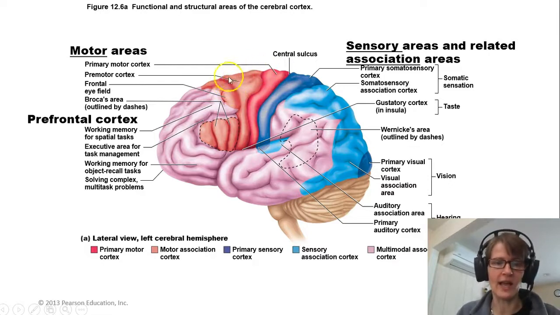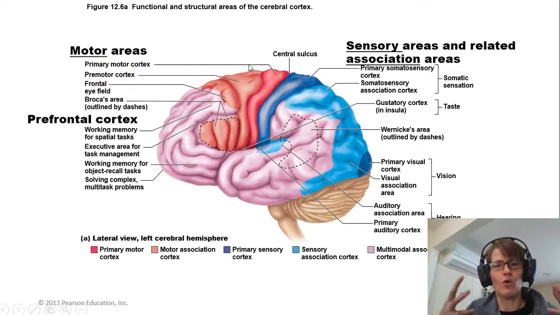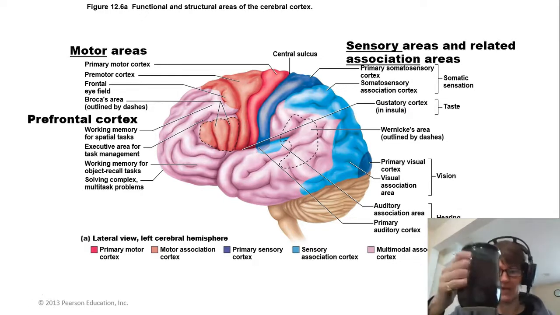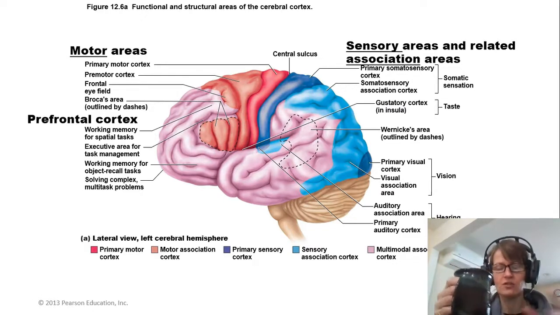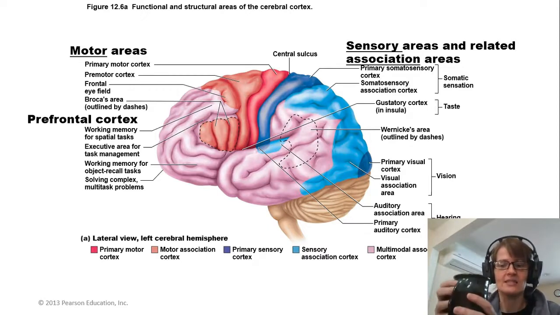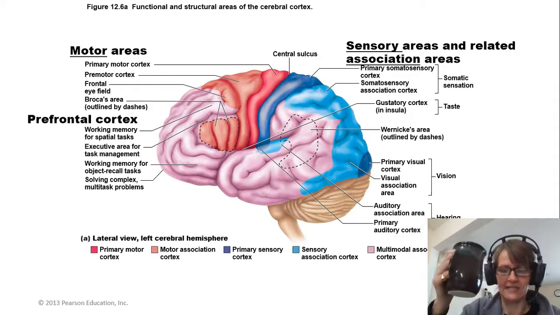Anterior to that, we have a premotor cortex. This is the association cortex for motor movements. So in my head, I think, pick up a cup, and to do that, I know I need to put my hand around the cup and lift it.